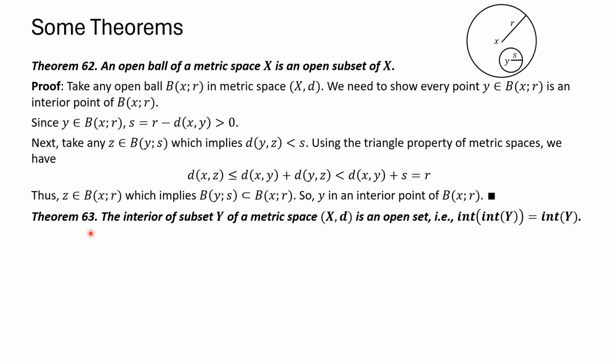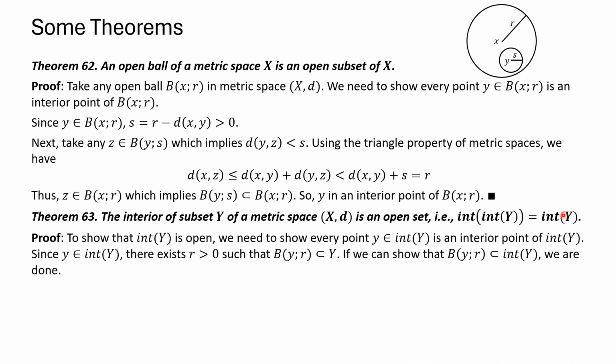Okay, we have another theorem which may seem self-evident just like the first one, but we require a proof here. So the interior of a subset Y of a metric space, in other words, int Y, is also an open set. So in other words, the interior of int Y must equal the interior of Y. Again, that seems like it should be true, and it is.